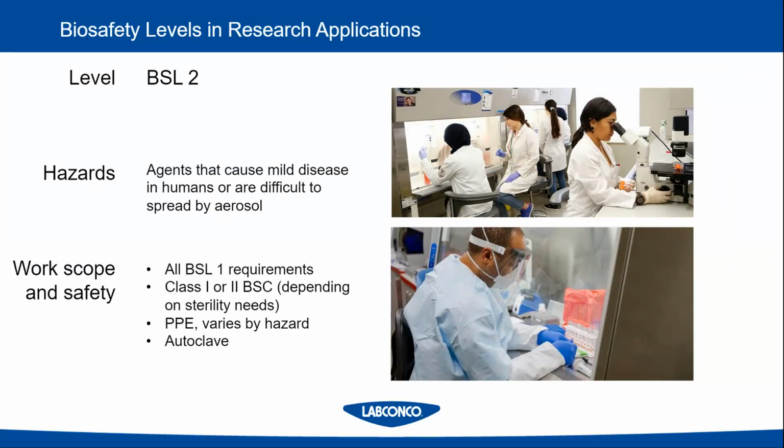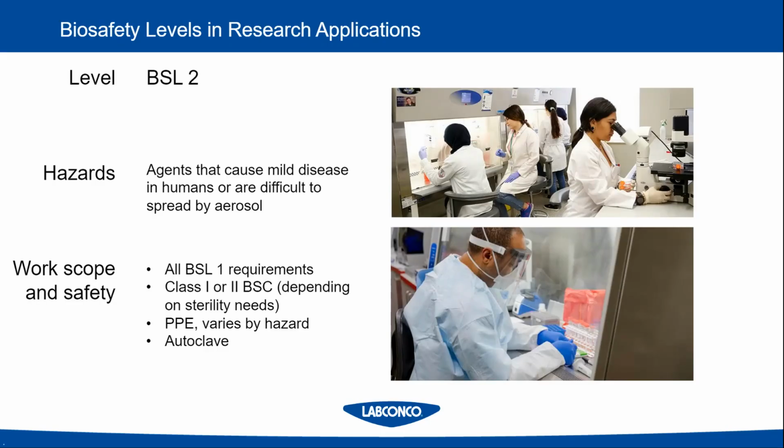Moving up the scale to BSL-2, this is where we introduce agents that can cause mild diseases in humans or are difficult to spread by aerosols. These are things maybe like clinical samples, cell culture, pathogens for diseases that aren't very serious, but still could cause disease in humans.